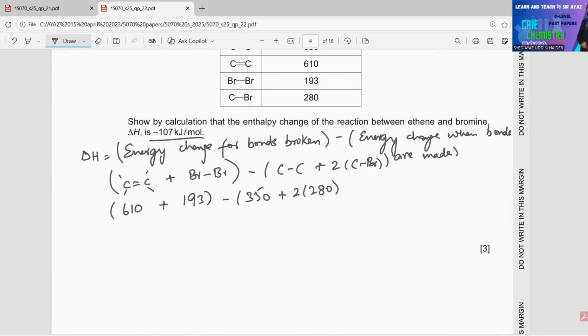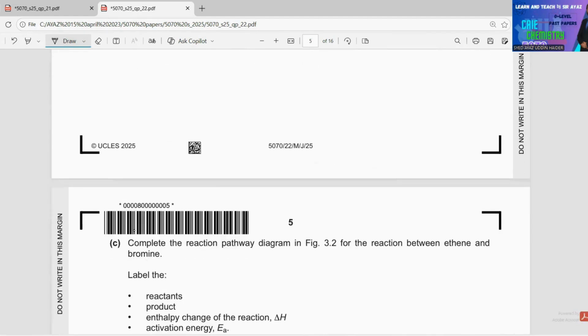You will get 803 here minus 910. Subtract this. What you will get is minus 107 kilojoules per mole. So this will be the final answer for this one.